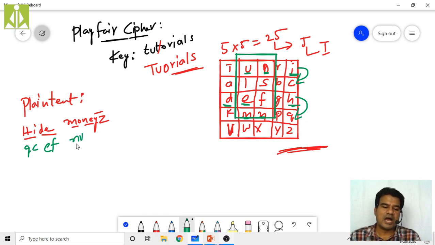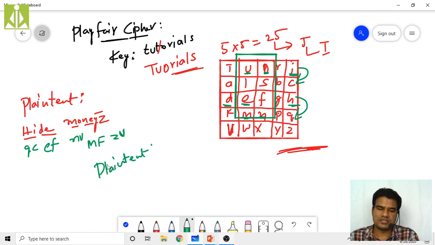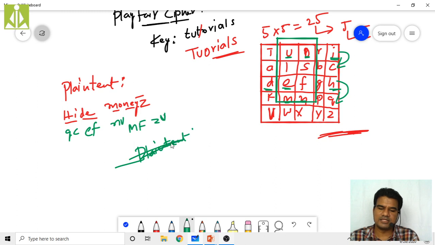So likewise, for NE, after applying the same rules, I will get MF. For YZ, I will get ZV. This is the given plain text, and we are calculating the ciphertext, right?